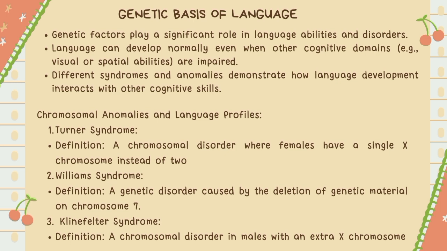Now, what is the language development in the Klinefelter syndrome? Here, a person may have selective syntactic and semantic challenges. For example, in sentence structure and meaning, they may have a hard time creating sentences and understanding meaning.